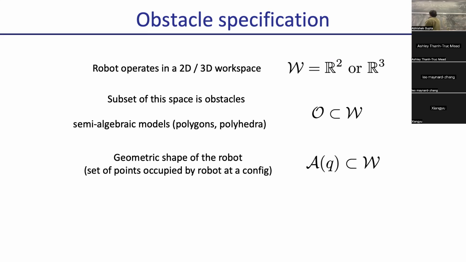So basically, let's say you have a robot arm with theta 1, theta 2. The configuration space at that point is theta 1, theta 2, right? And for any theta 1, theta 2, it's going to give you some part of the workspace that your robot occupies at that point in time. And that's important because no part of your robot can touch an obstacle, right?